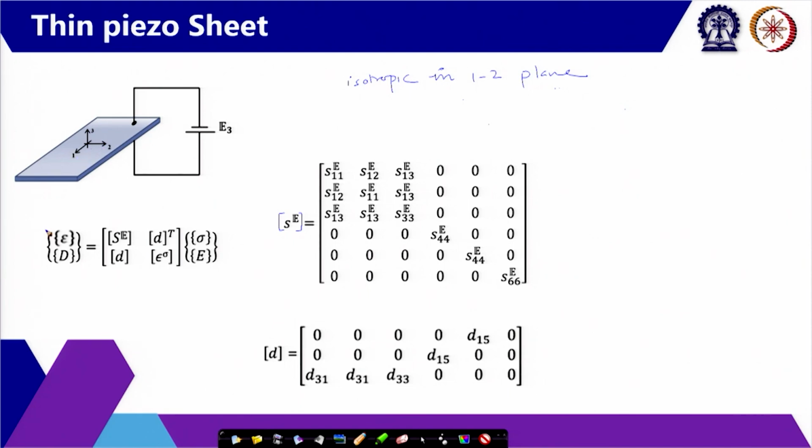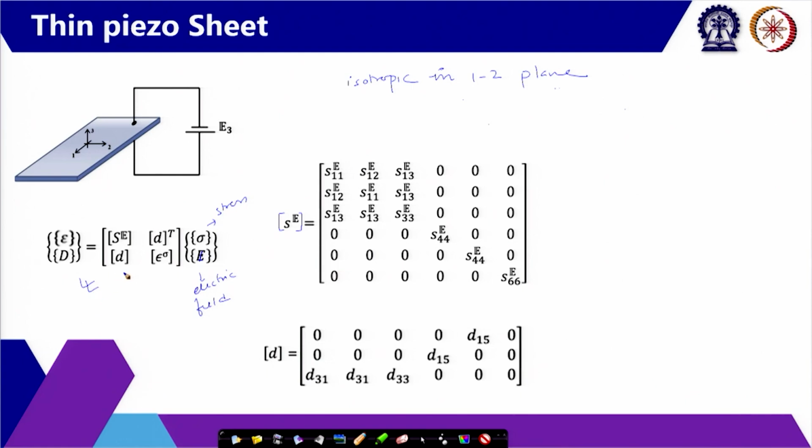So, the properties along direction 1 and direction 2 are the same, but they are different in the 1-3 and 2-3 planes. If we look into the constitutive relation where stress and electric field are the states, when we have these as the stress states, we have this constitutive relation.